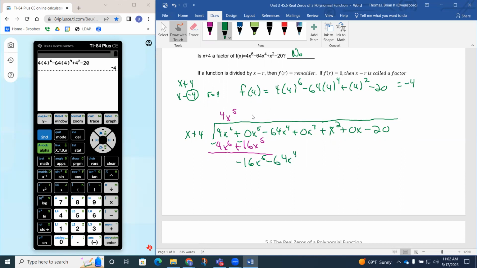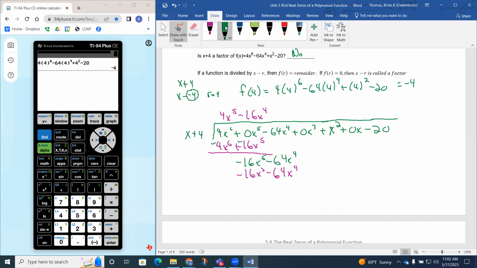So then we come back up here and ask ourselves, instead of using division, we can go backwards: what times x to the 4th gives me this negative 16x to the 5th? Well, I would need a negative 16x to the 4th. Negative 16x to the 4th times x is going to give me negative 16x to the 5th. And negative 16 times positive 4 would be a negative 64x to the 4th.